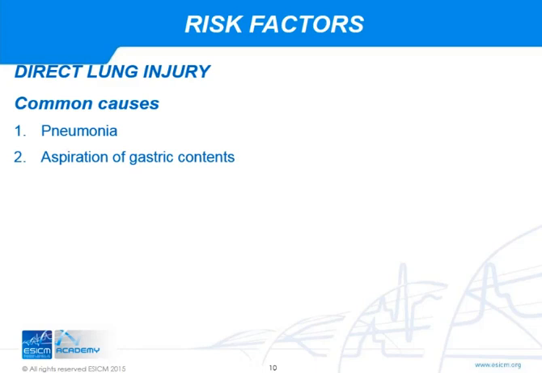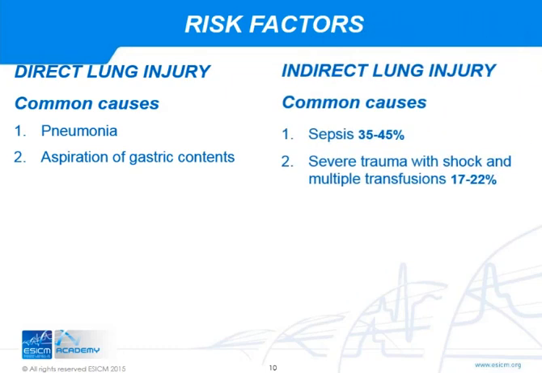The major risk factors are a direct lung injury, such as pneumonia or aspiration of gastric content, or an indirect lung injury. Common causes are sepsis. It's well known that peripheral sepsis, located for instance in the abdomen, may cause an injurious insult in the lung.